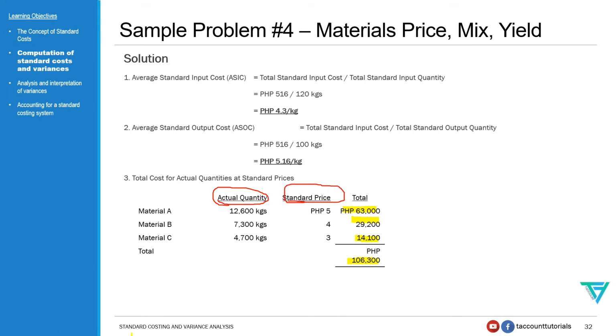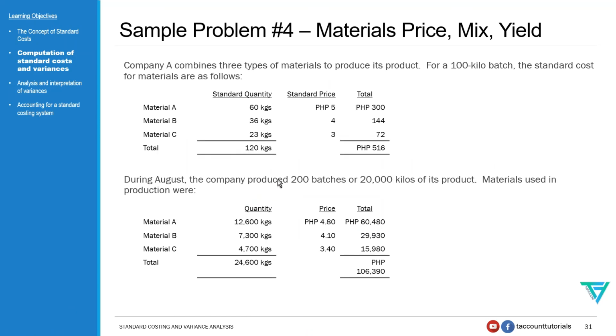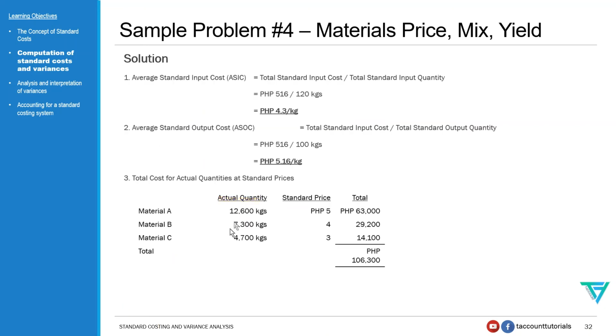Now let me point out how we got these figures. Actual quantity of input multiplied by the standard prices above: 12,600 times 5, 73 times 4, and then 47 times 3. So that's basically our analysis here.